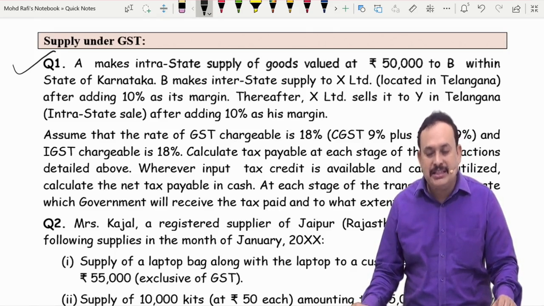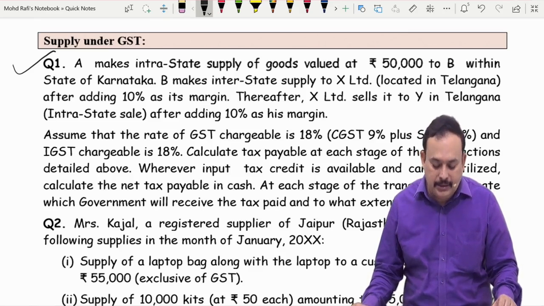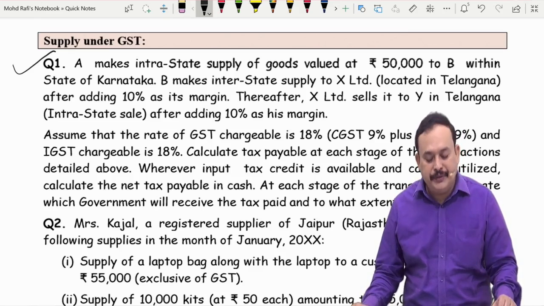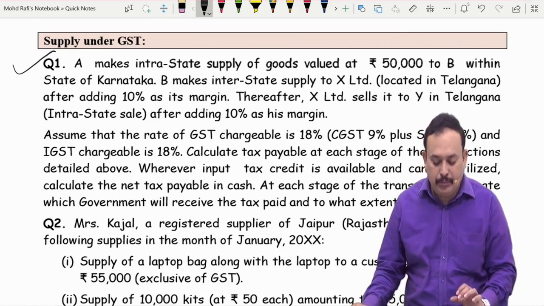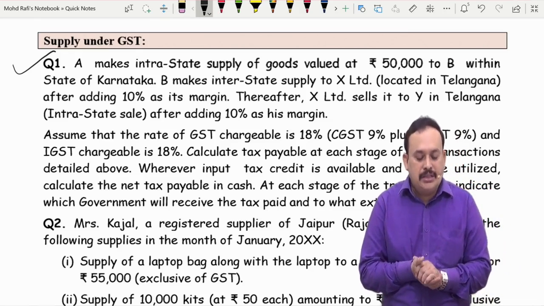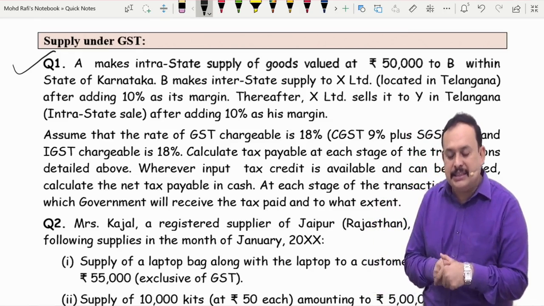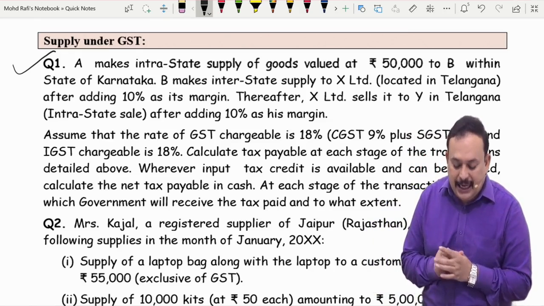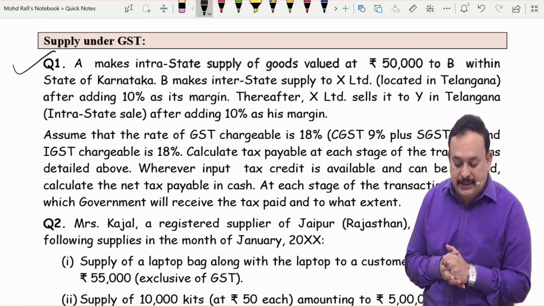Thereafter, X Limited sells it to Y in Telangana intrastate after adding 10% of his margin. Assume that the rate of GST chargeable is 18%, CGST 9%, SGST 9%, and IGST chargeable is 18%.